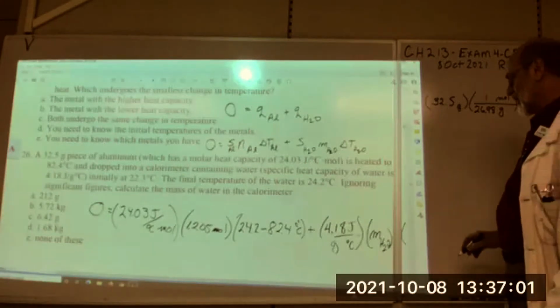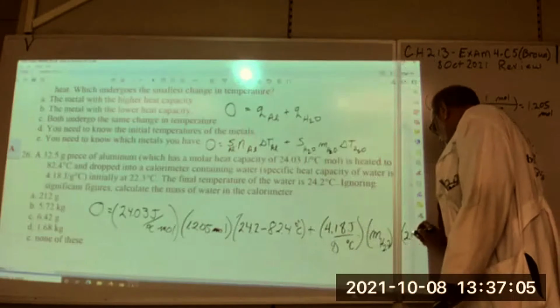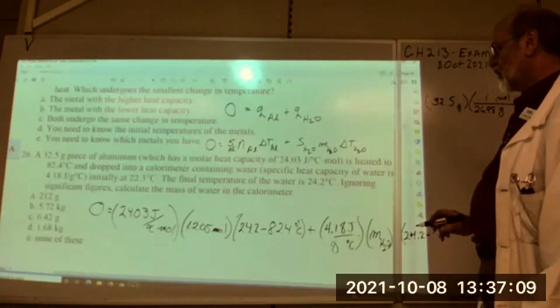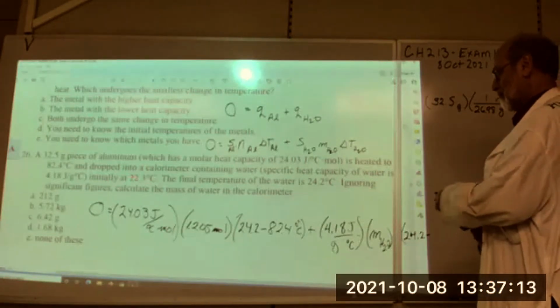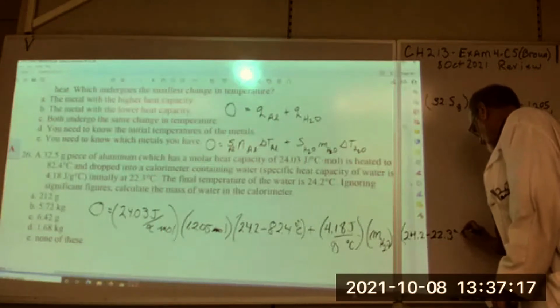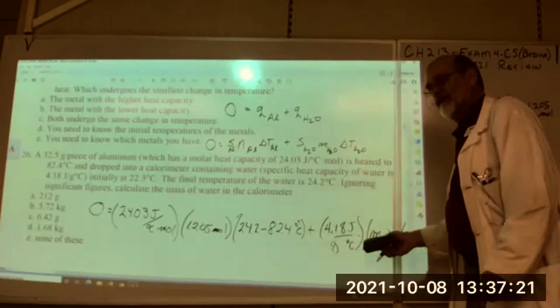Now it's temperature change. Final temperature is 24.2. What's the initial temperature? 22.3. Right here. There we go. Now we just need to solve for the mass.